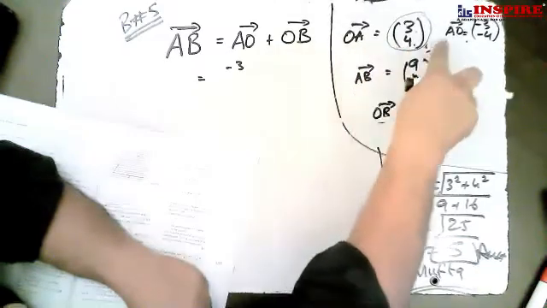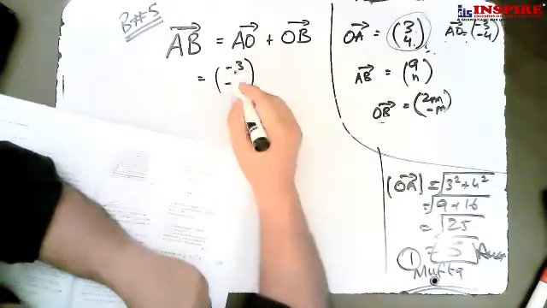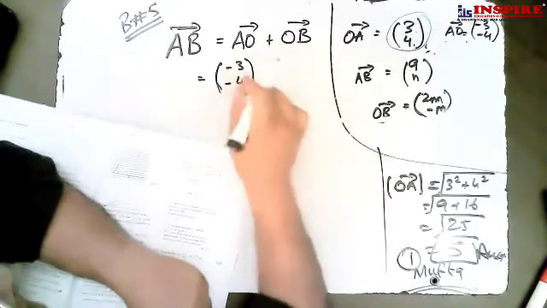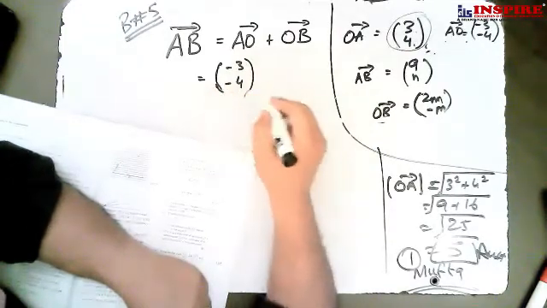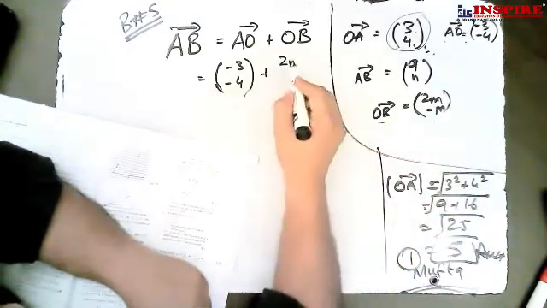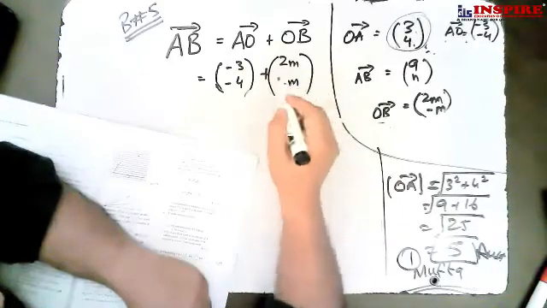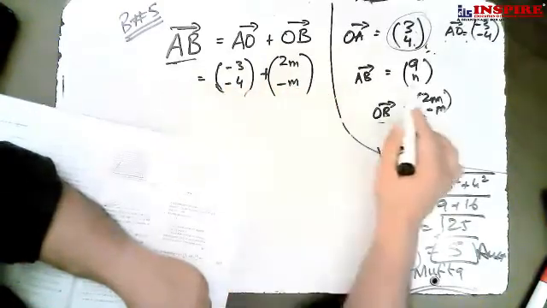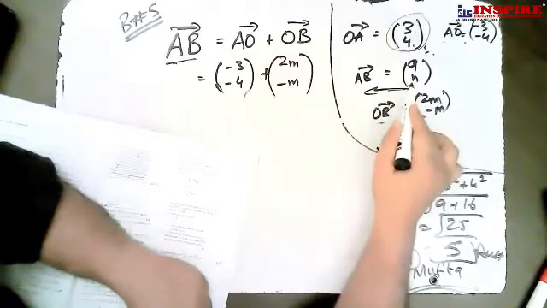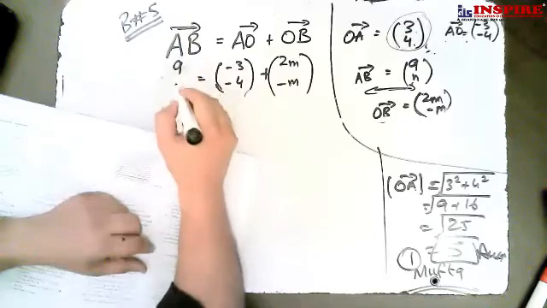OA is 3, 4, AO is -3, -4. Is -3 minus, don't say -3 over -4. It's not a division, it's not over. And what's OB? 2m, minus m. Should be equal to AB. What's AB? 9 and naught.